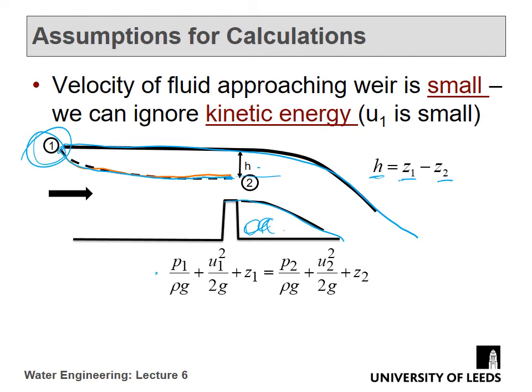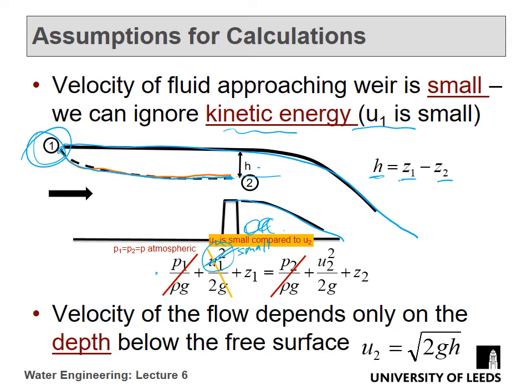Similarly, the kinetic energy, u1 squared, is very small, so we'll cross that out and say it's small. I've crossed out the two pressure terms because they're both open to the atmosphere, so they're both atmospheric. Anything open to the atmosphere is atmospheric, so we cross those two out because they're equal.